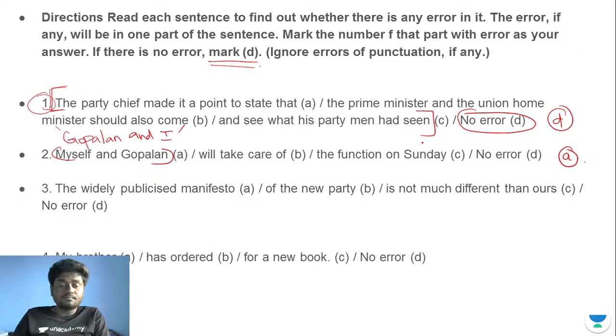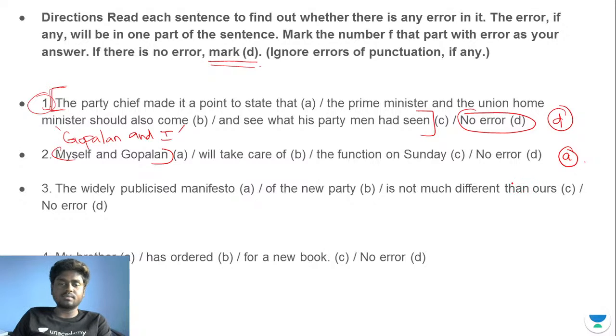And the third one, try to go for the third one. What is the error with the third question? The widely publicized manifesto of the new party is not much different than others.